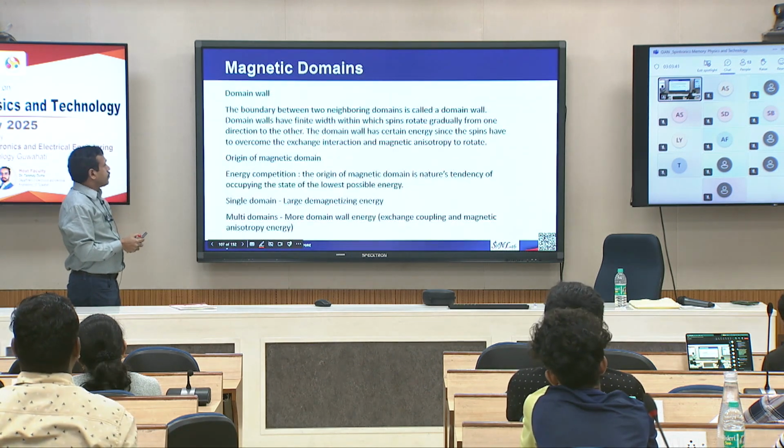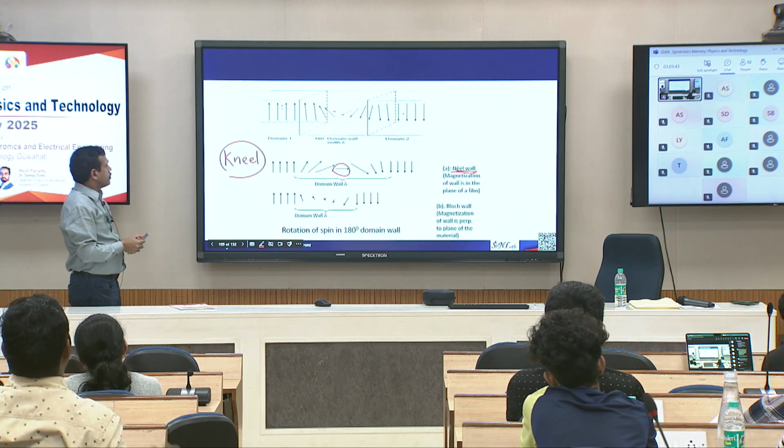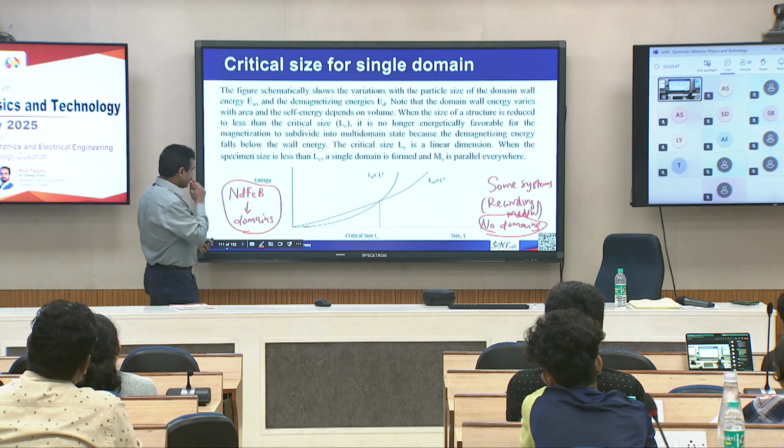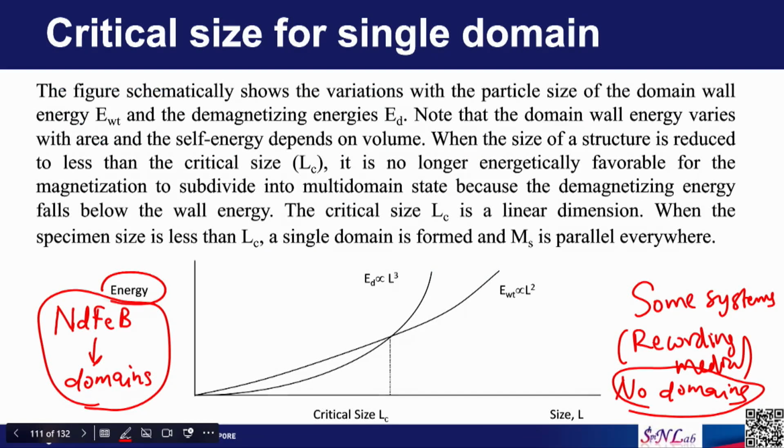So, that is what is shown in this picture. Here I am plotting the energy. The energy from magnetostatic energy is given by this red line.